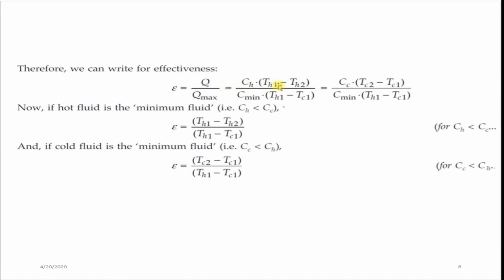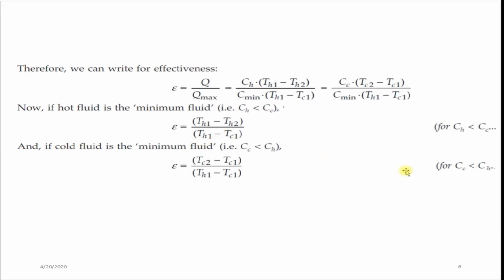Ch into Th1 minus Th2 divided by C minimum into Th1 minus Tc1. If you write for the cold fluid, the actual heat transfer is Cc into Tc2 minus Tc1 divided by C minimum into Th1 minus Tc1. Now, if you consider Ch as C minimum, then C minimum gets cancelled. The remaining equation is Th1 minus Th2 divided by Th1 minus Tc1.